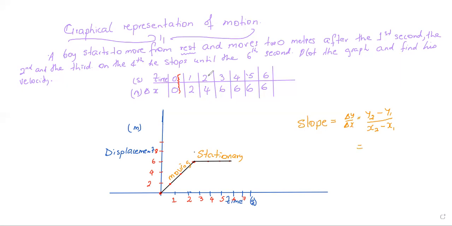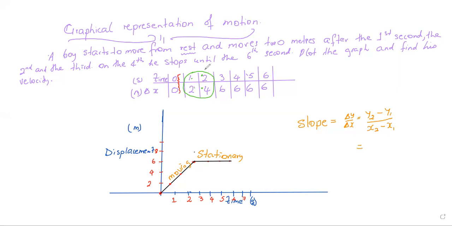Now we can choose any points here. Let's choose these ones here and call that x2, call that y2, call that x1, call this y1.